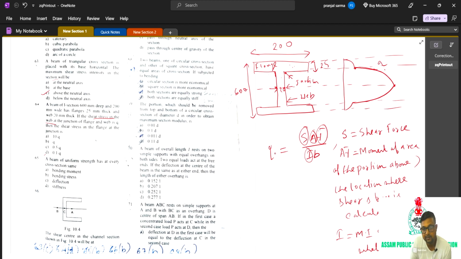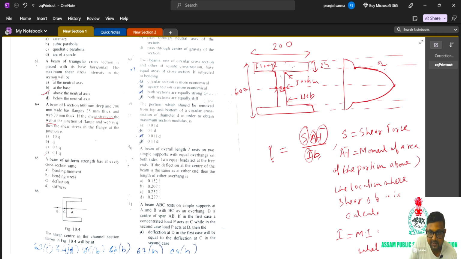That means what is changing? Only B. How? B for the web is how much? 20. But when we calculate the shear stress for the flange part at the junction, the B becomes this whole B, which is 200. That is 10 times more than this 20.